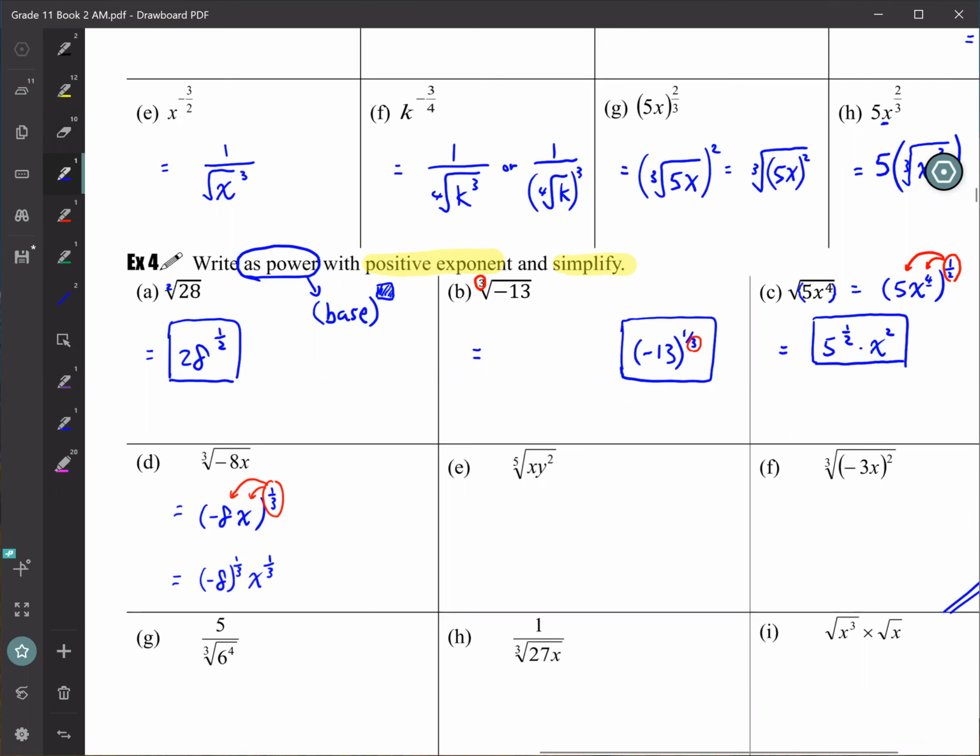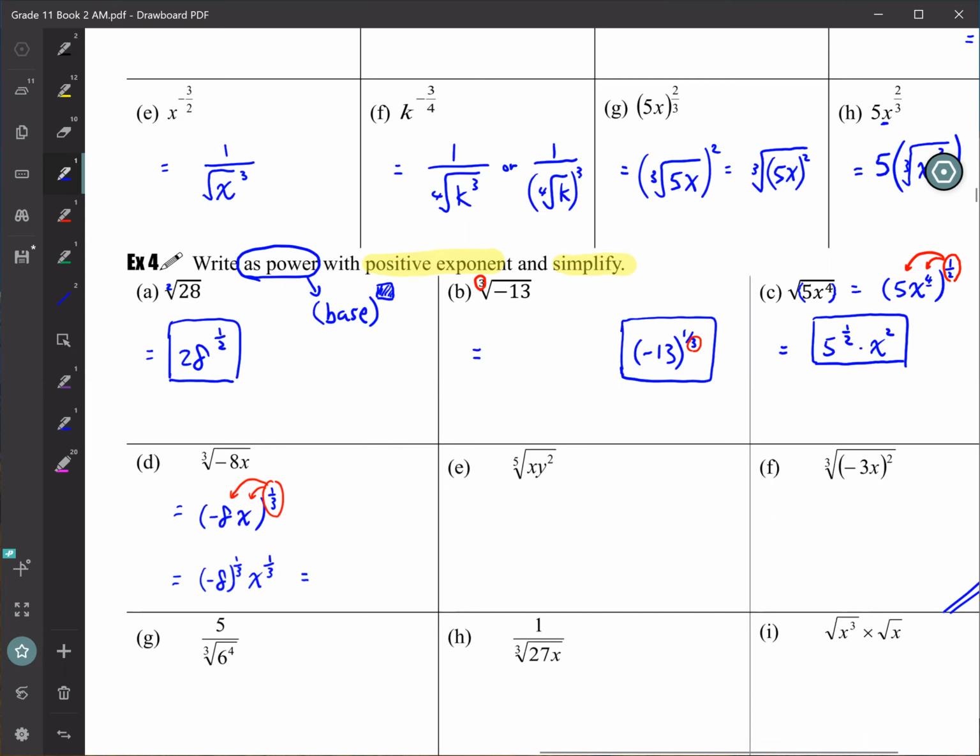Then that will look like question C. In question C, we just stop there with 5 to the half. This one, we cannot stop yet. The negative 8 to the 1/3, you need to do one more thing because it says simplify.